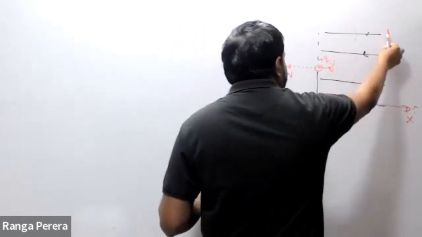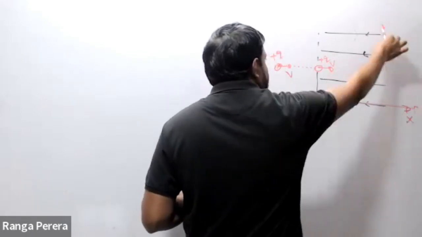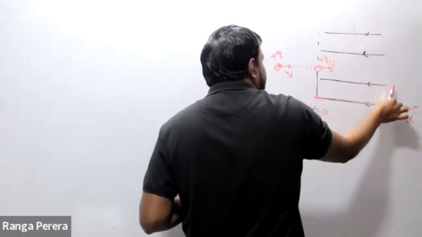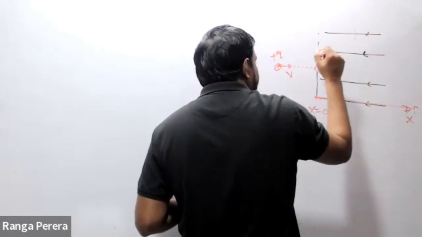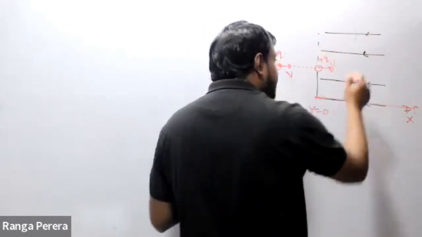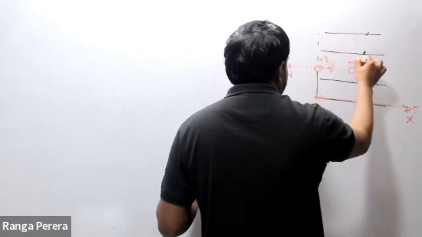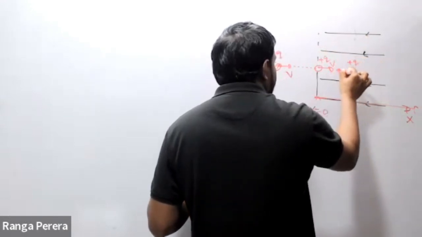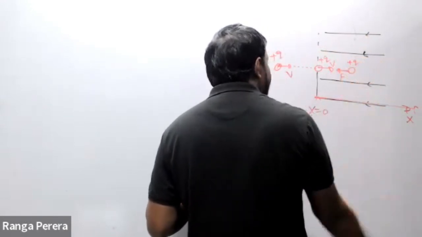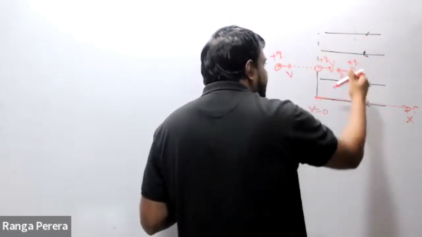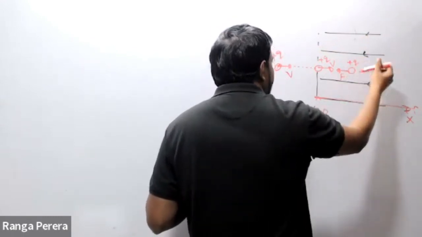It looks like on this side you have a positive plate. So there is a force, a repulsive force F for this charge plus q. It travels with a retardation.